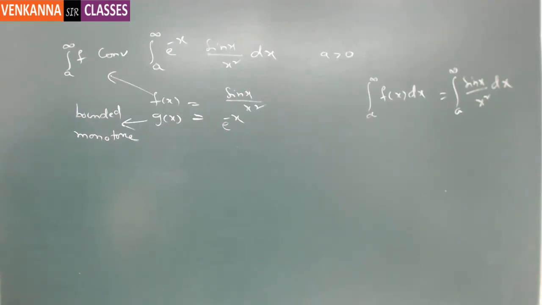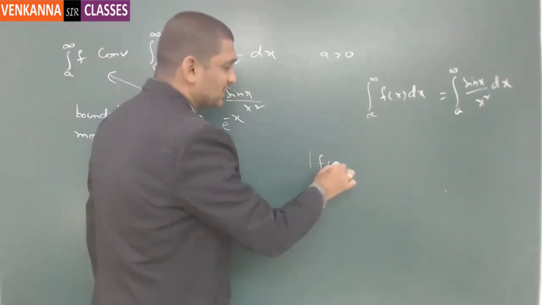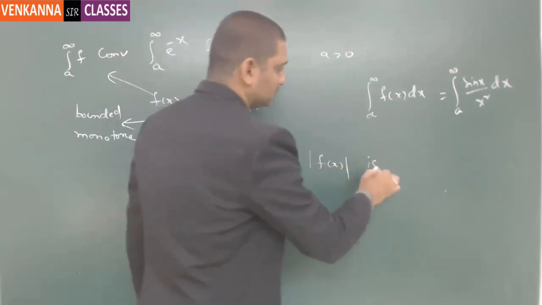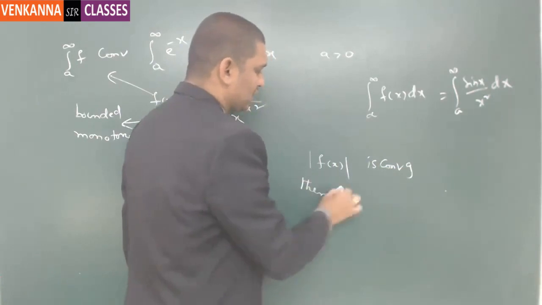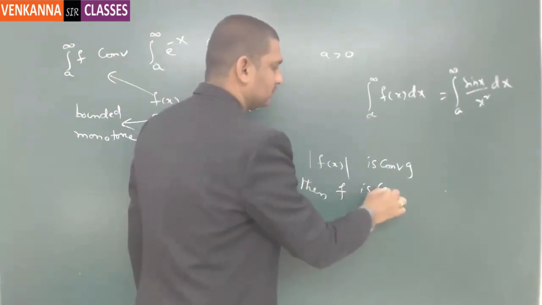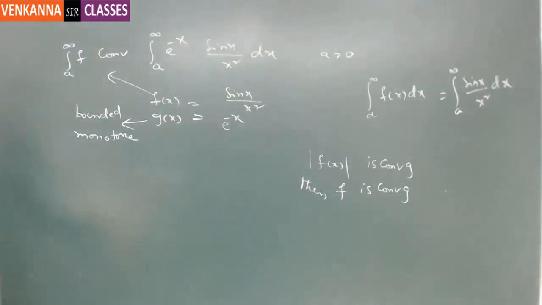So here we use the technique of absolute convergence. That means if we have shown that mod f of x is convergent, then f will be convergent. Not for every problem. This problem we will use this kind of technique.